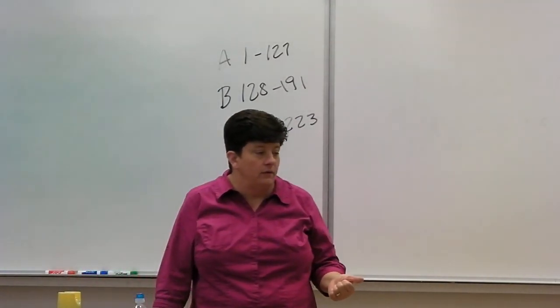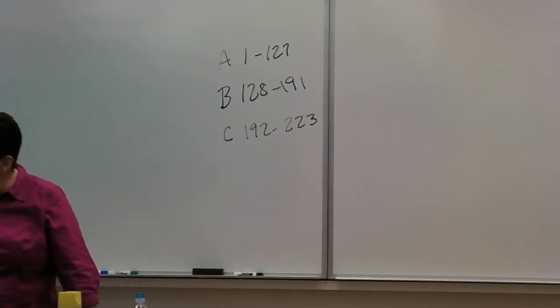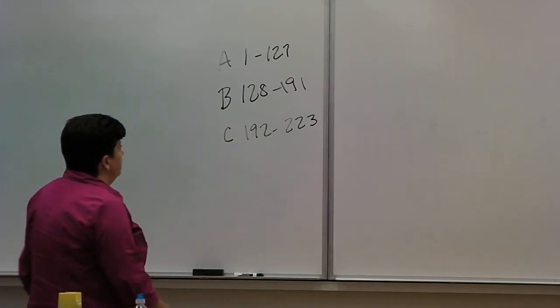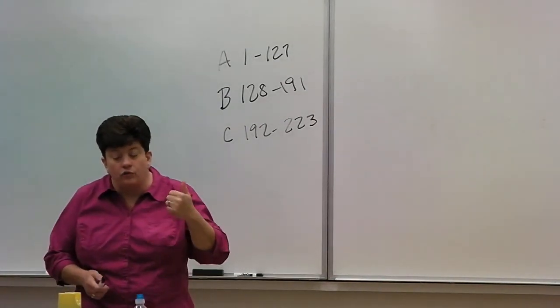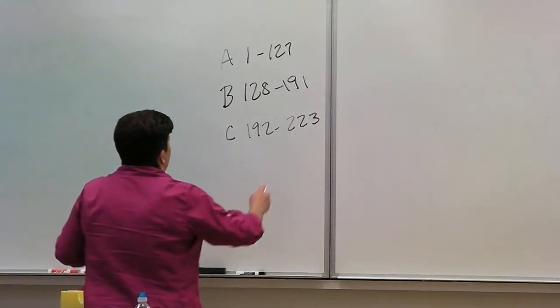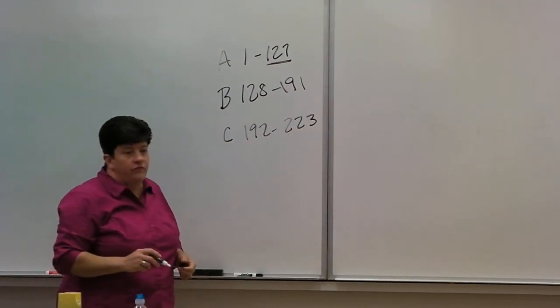addressing system. You wind up with, on a class A network, going from 1 to 127, I get 126 possible networks. Because this one, I'm not allowed to use. What's it for?